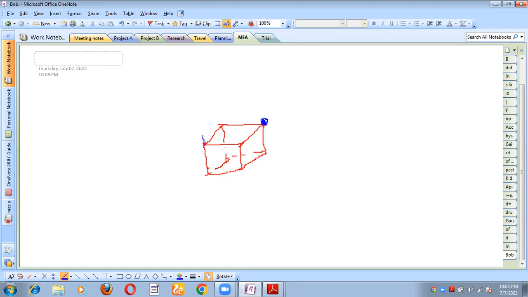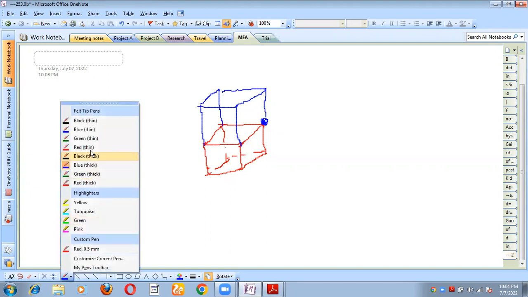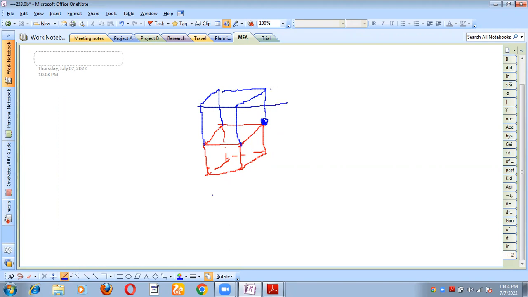So what we can do is take a cubical surface like that on this cube. Here it is also not symmetric, so I will take a surface again like here.